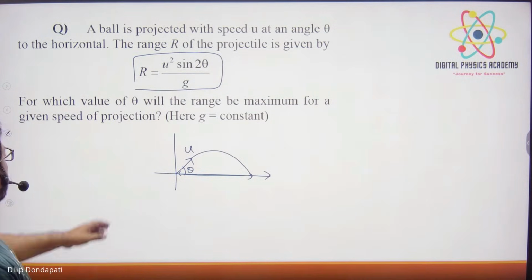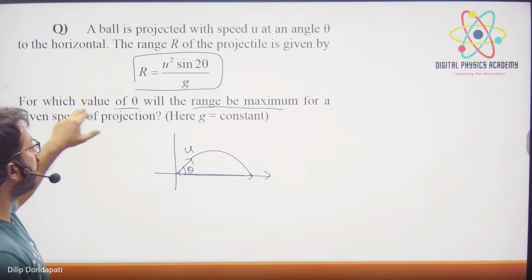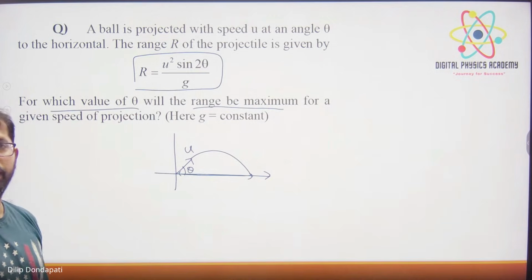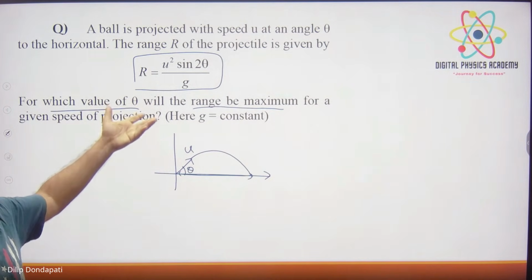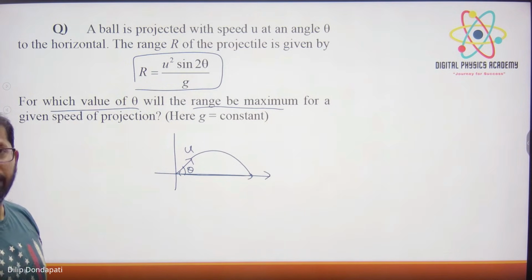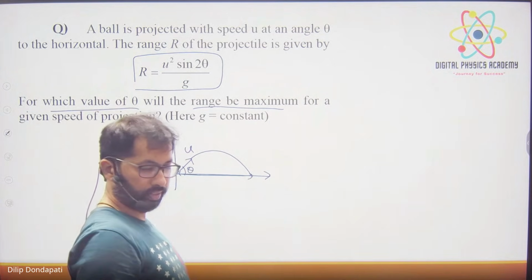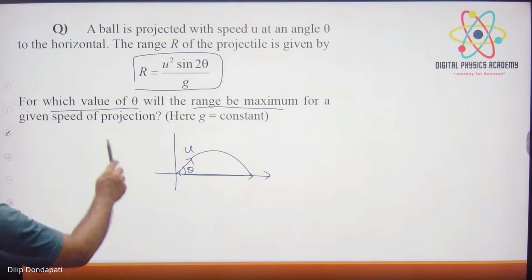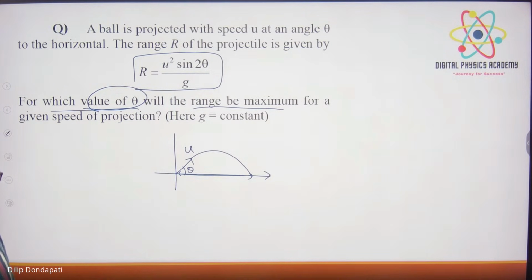Now what is it asking? For what theta is the range maximum? Indirectly it is asking the maximum value of the range function, y max. The value of theta at which this range is maximum. Try, I'll tell.